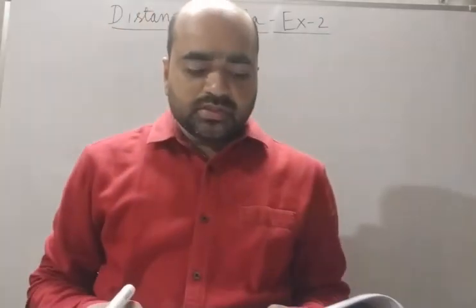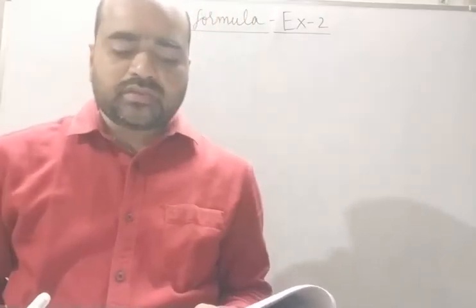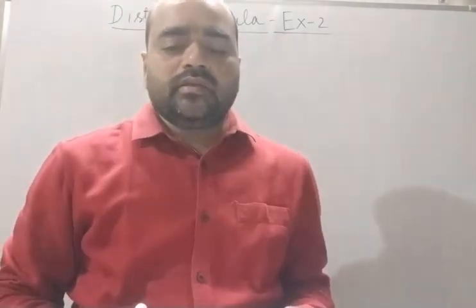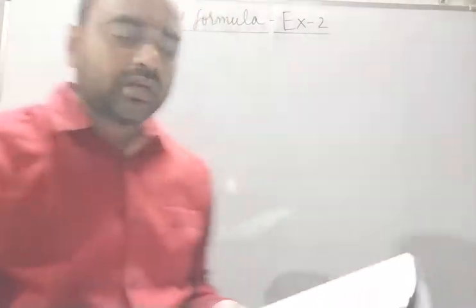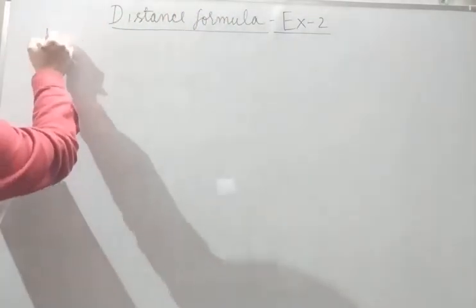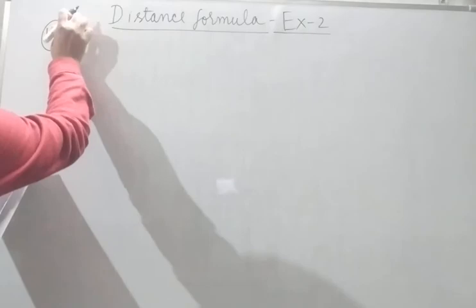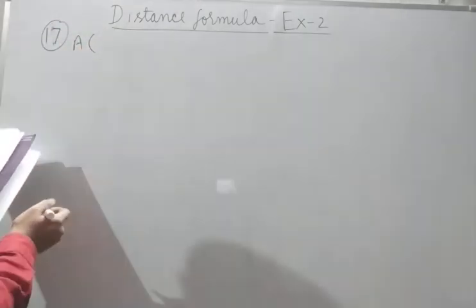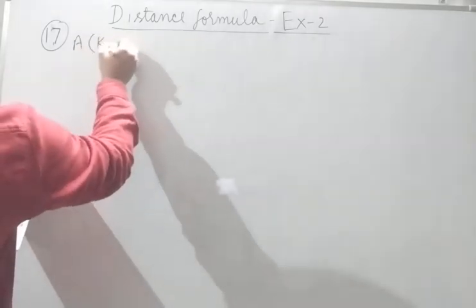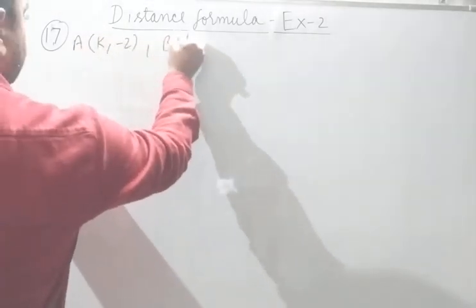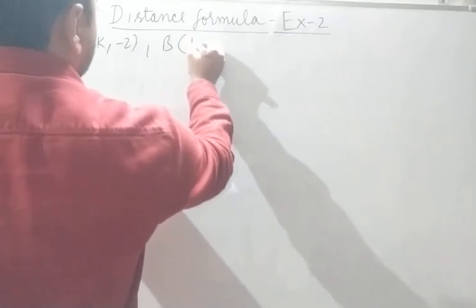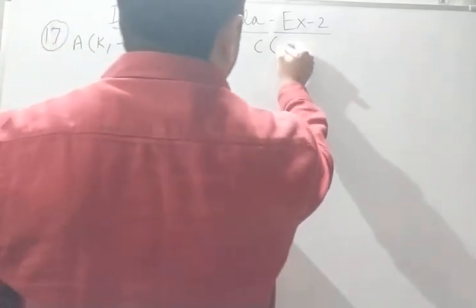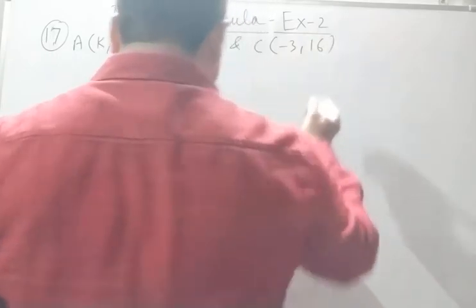Next is question number 17. For what value of k are the points in the given order collinear? Given order means A, B, C are collinear. Suppose the points are A (k, minus 2), B (1, 4), and C (minus 3, 16).